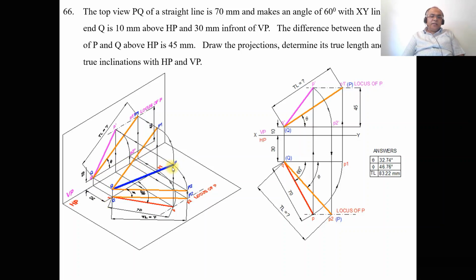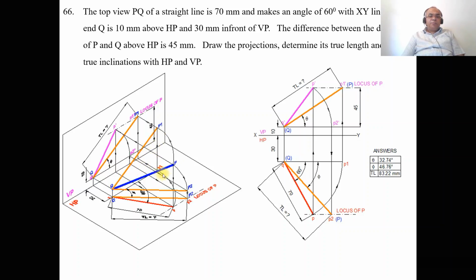As we are rotate in space, the image in the top view, which is q and p, becomes parallel to VP. So both small q and small p1 are in front of VP by 30 mm. Once the line is parallel to VP, we get the true length in the vertical plane. This line, capital QP1, is the line in true length.